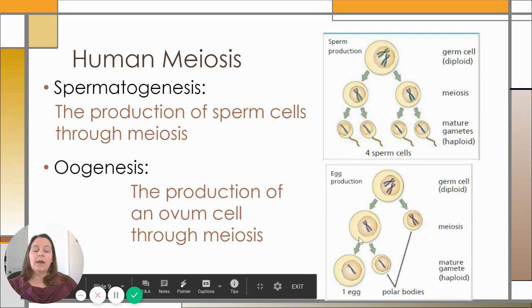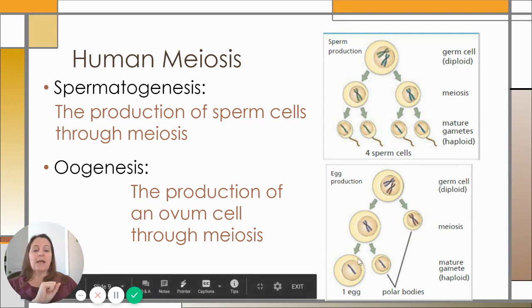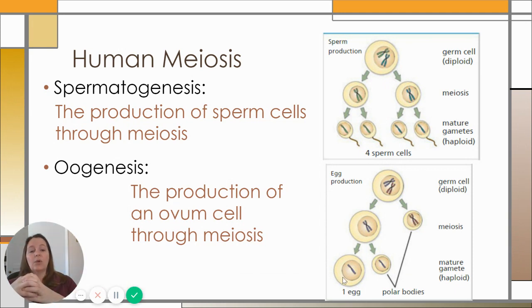Well, that's the first division. The same disproportionate division happens in meiosis 2 as well. All of the organelles and all of the stuff that the cell needs in order to create an embryo go into one cell or the other.